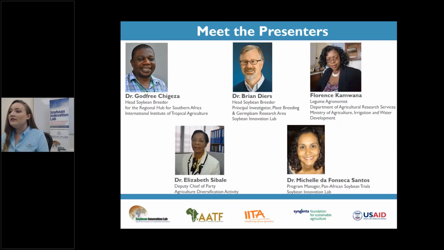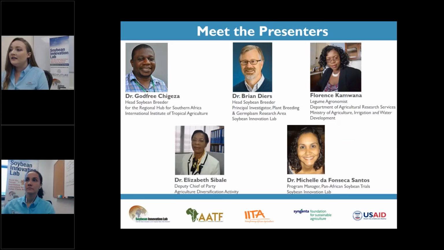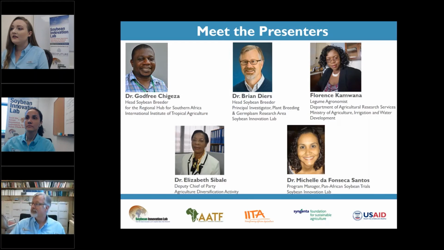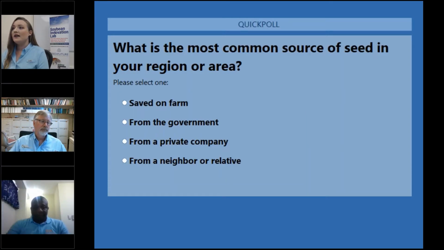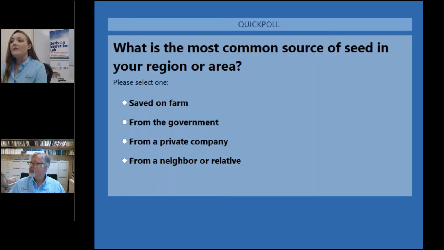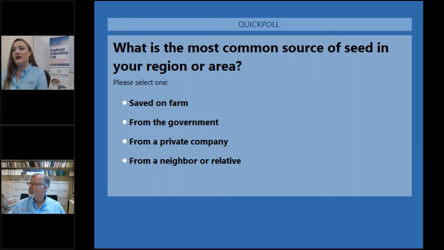Our first poll today, we would like to know more about our audience. So we are asking you, what is the most common source of seed in your region or area? Saved on farm, received from the government, received from a private company, or from a neighbor or relative? I give the audience just a few seconds to answer this question.